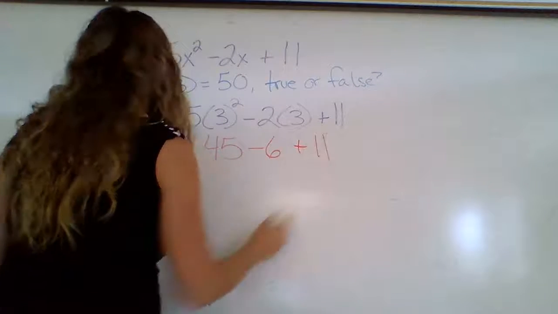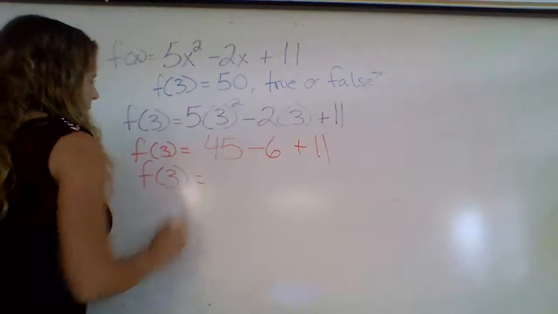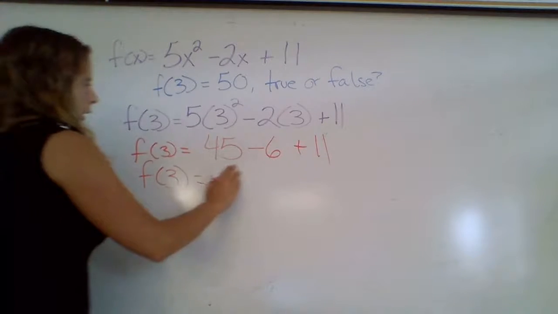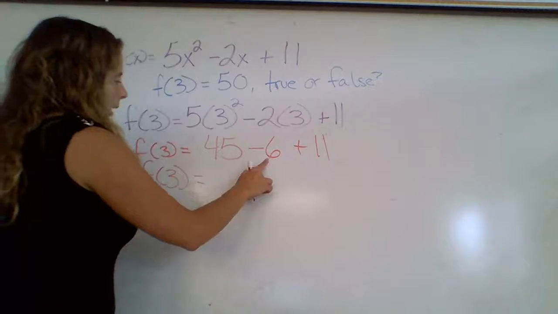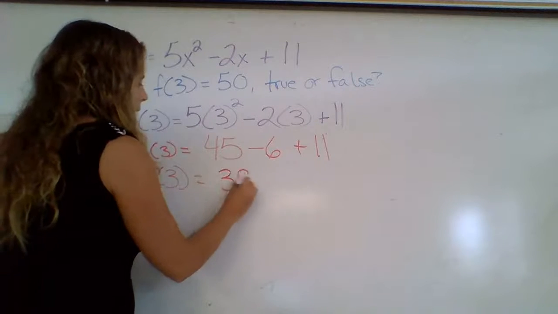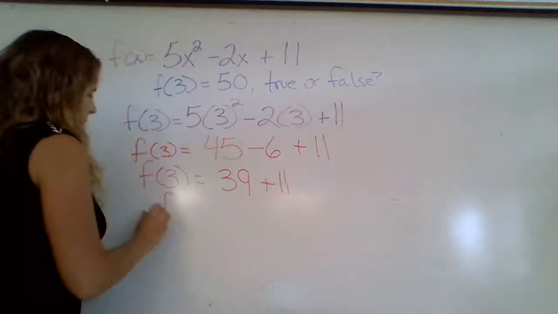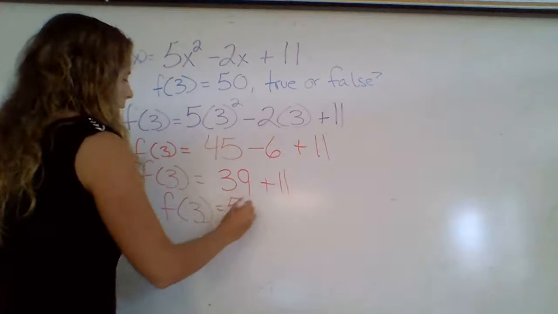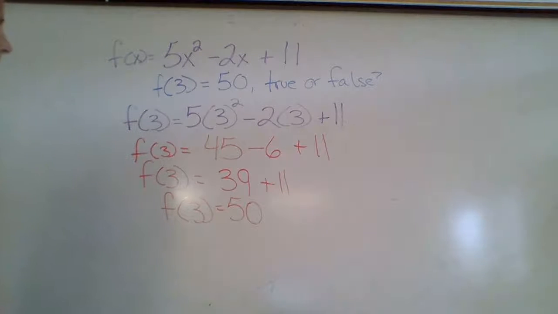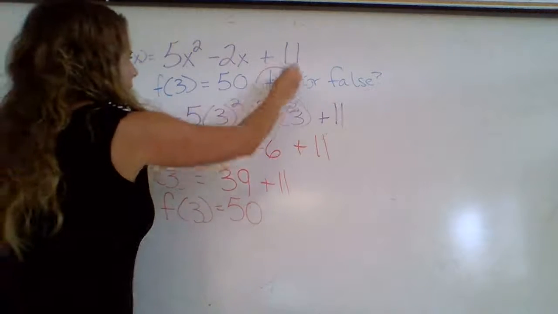Plus 11. All right? Okay, so you're free to just combine all of these. 45 minus 6, that's 39, plus 11. So f of 3 equals 50. Oh, look, so it is true. So we're done.